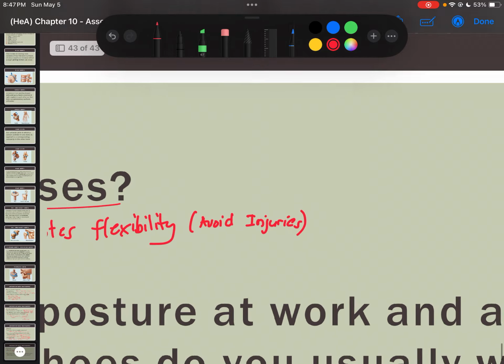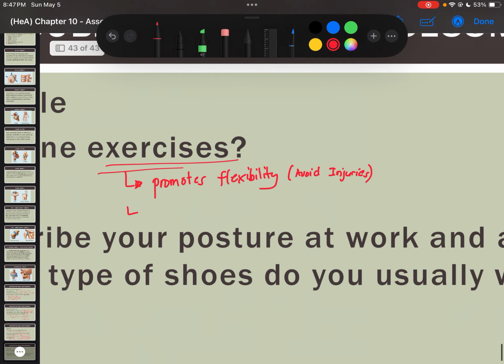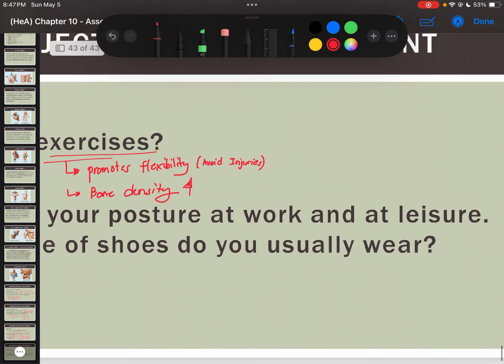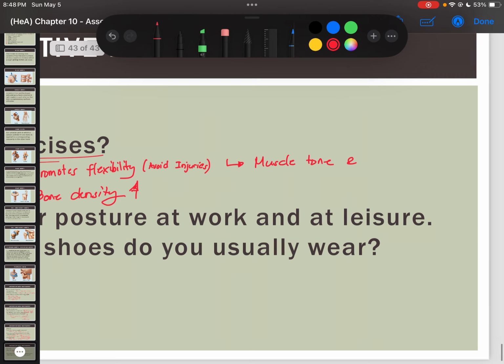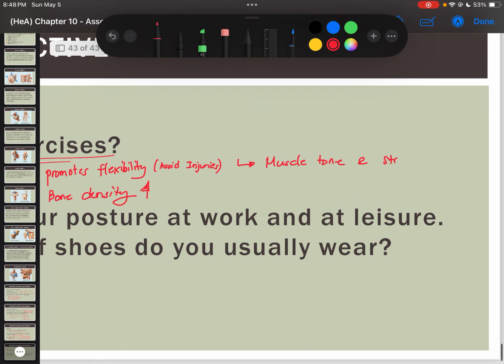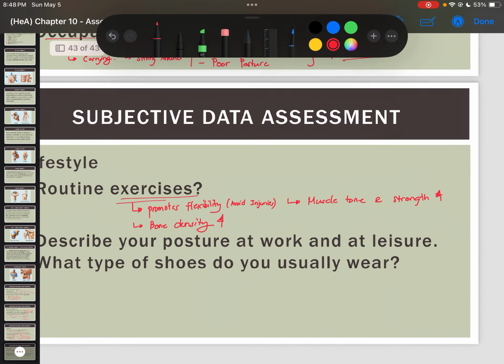Aside from that, it promotes increased bone density. It also promotes muscle tone and muscle strength. We have to ask them about this.